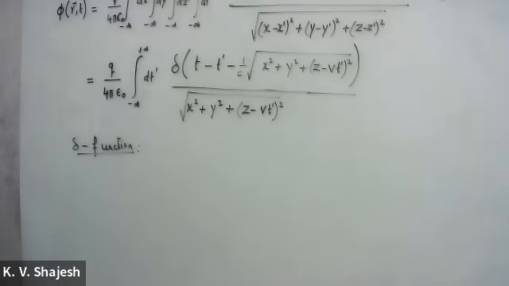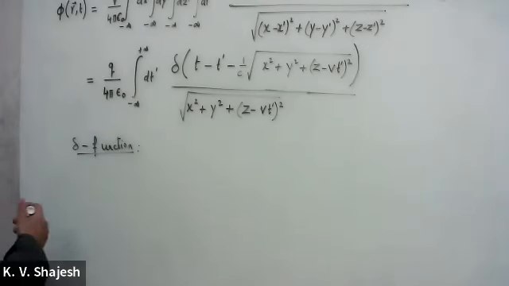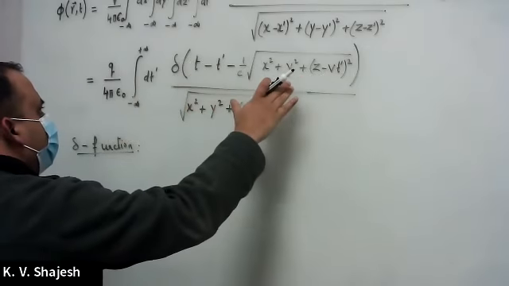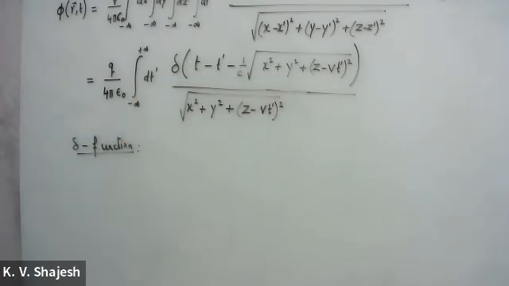Clearly, the delta function contribution comes whenever the argument of the delta function goes to 0. That's our understanding.